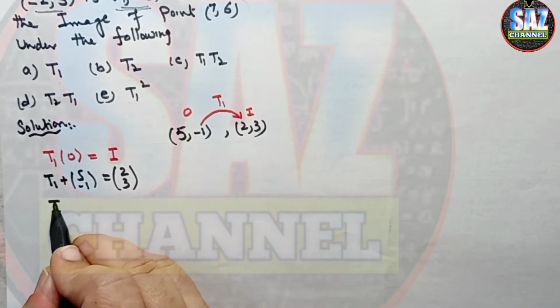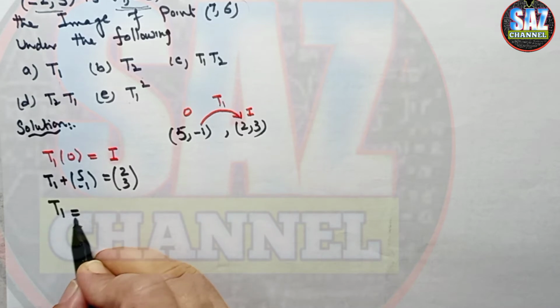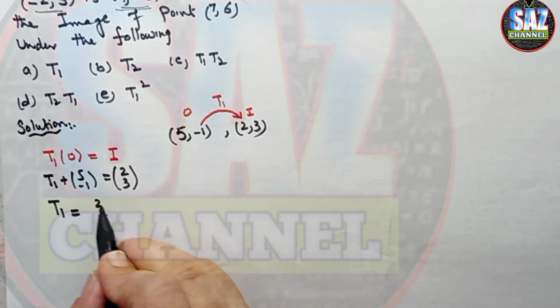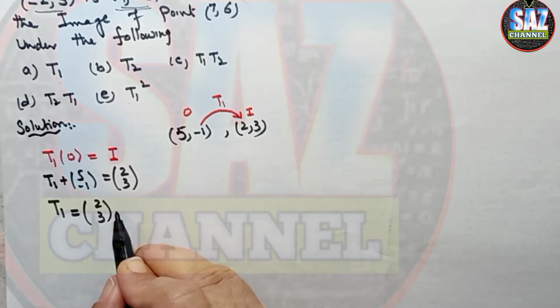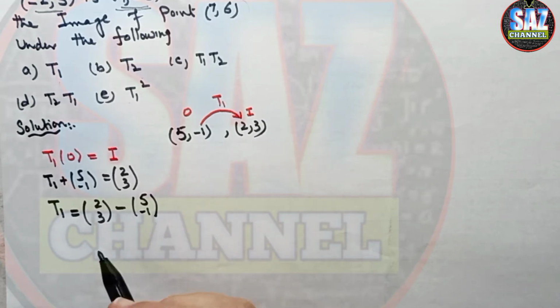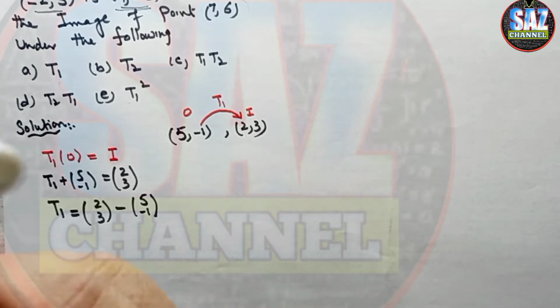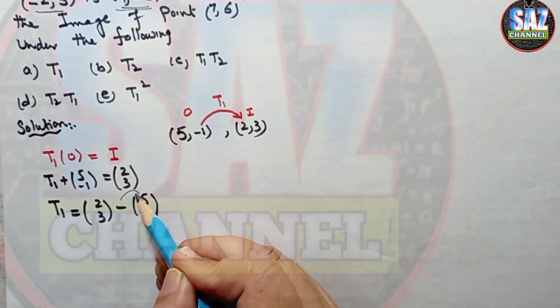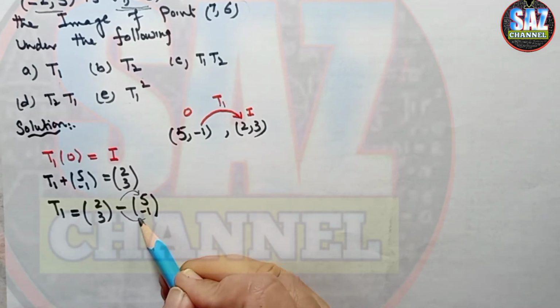So in order to get T1, I have to shift this 5 and minus 1 to other side: 2, 3 minus 5 and minus 1. Now do not forget the rule of integers, that this minus sign has to be multiplied with every term inside the bracket.